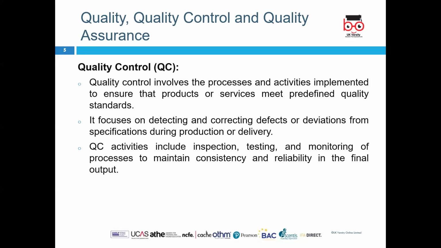So quality control activities include inspection, testing, and monitoring of processes to maintain consistency and reliability in the final output. So that is the basic understanding with respect to quality control. So always remember, quality control is with respect to the defined parameters or benchmarks of quality.